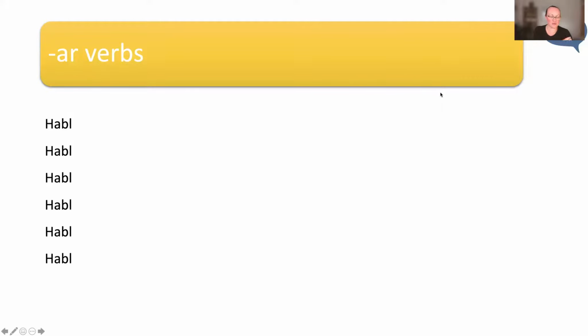The example that I've got here for us to conjugate is hablar, which means to speak. I'm just going to go through what all the endings are here. If you're watching the video, you'll notice I don't have the subject pronouns because we don't tend to use them in Spanish.